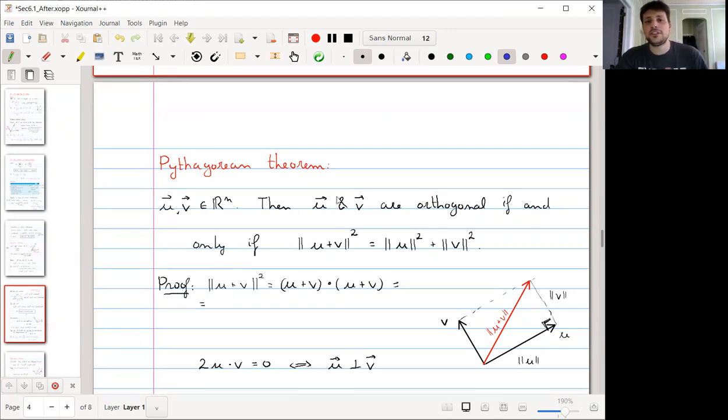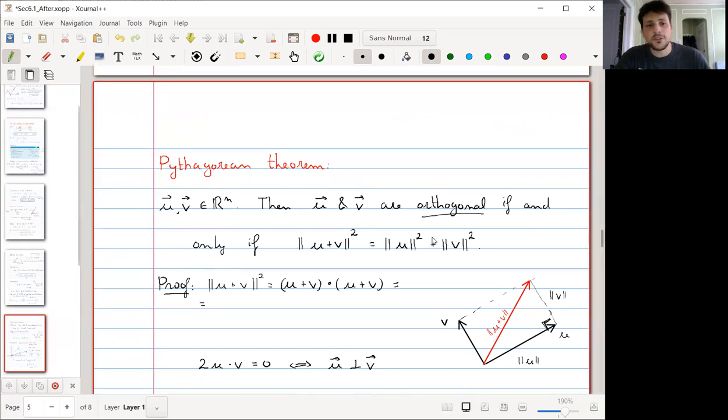So this is a generalization of the theorem that you already know. Let's have a look at the statement. Any two vectors in Rn are perpendicular with one another, orthogonal, if and only if the following thing is true. The square of the length of the hypotenuse is equal to the sum of the squares of the edges.